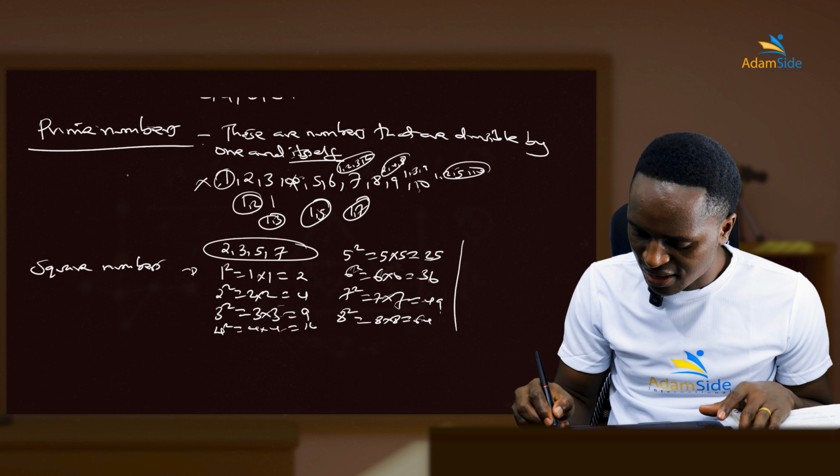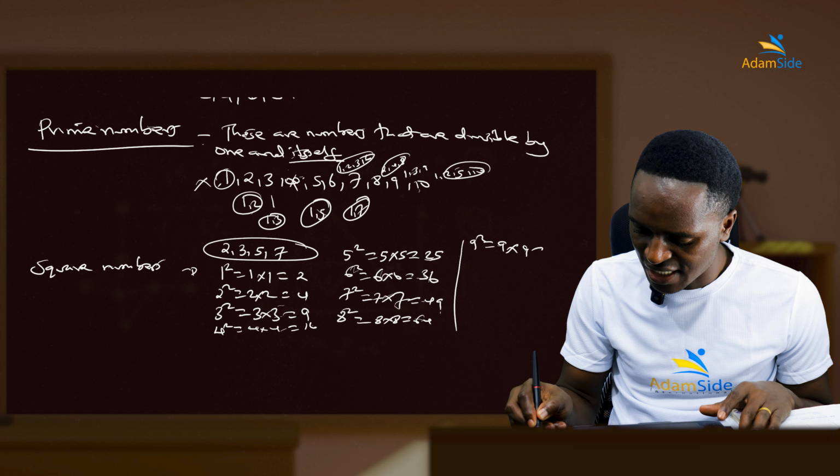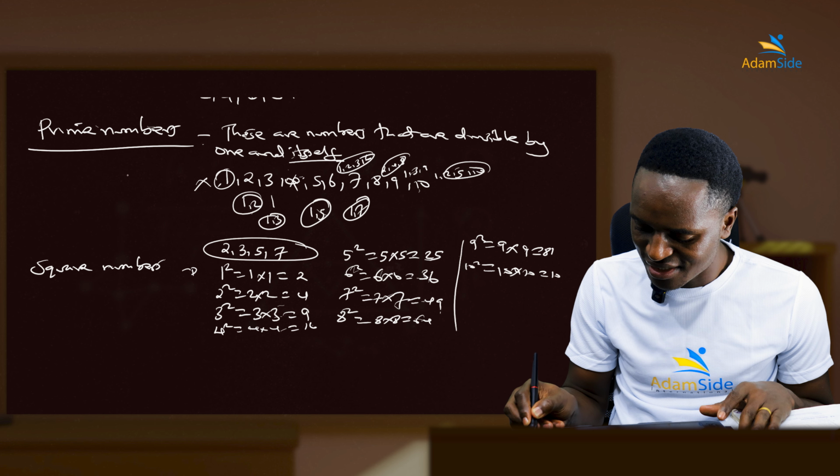Then 9 squared is 9 times 9, 81. 10 squared is 10 times 10, which is 100.